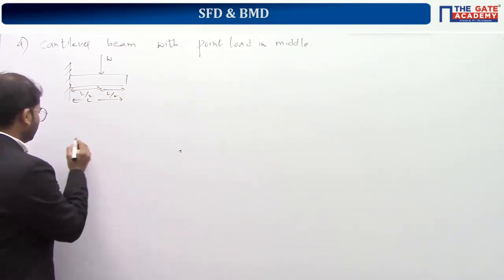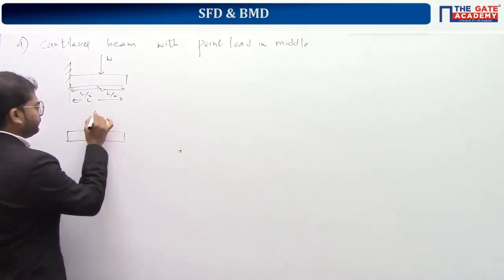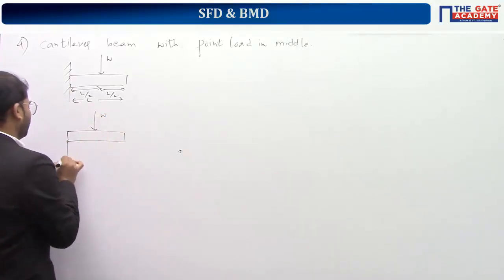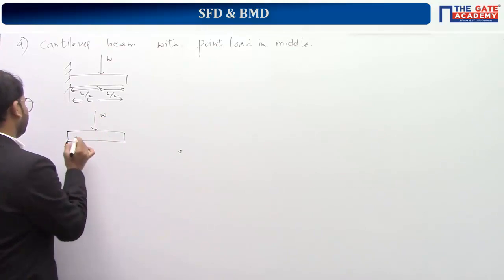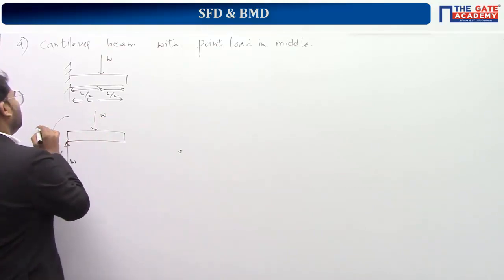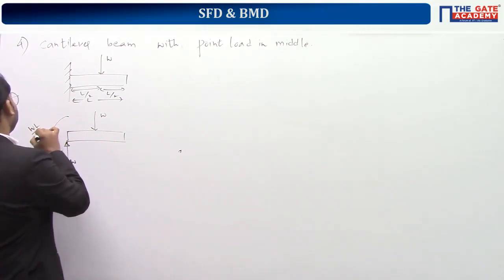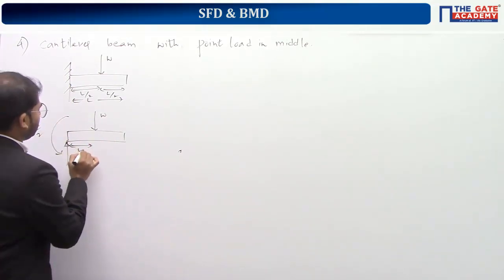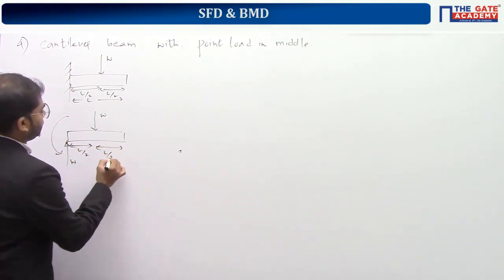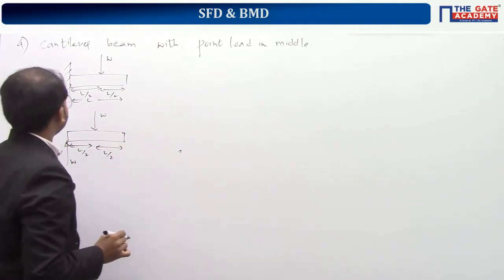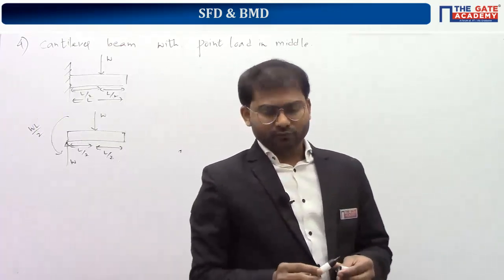If you do the first step, it's easy only. You all can do it. So you'll get Ry as W, Rx as 0, and you'll get this M0 as WL by 2, and this is equal to L by 2. Okay, so you'll be getting those reaction force and moments.